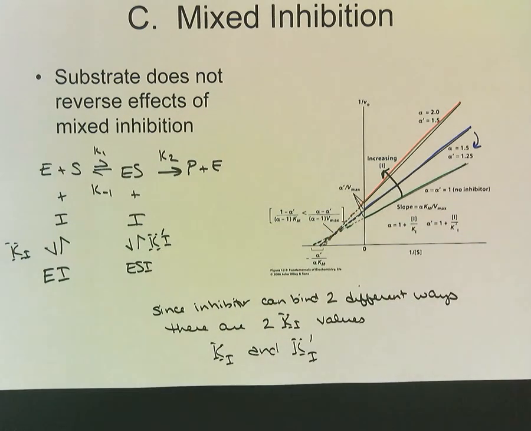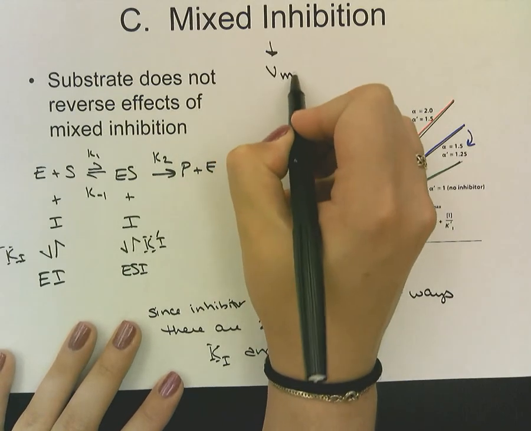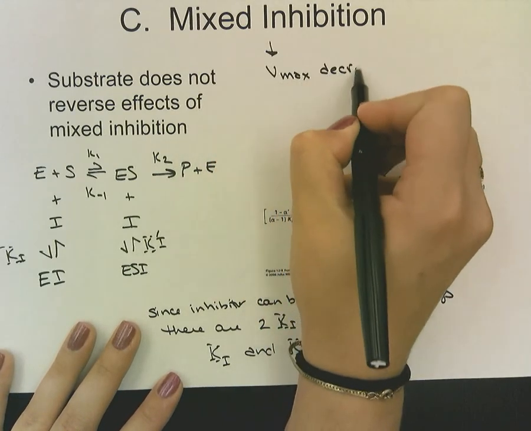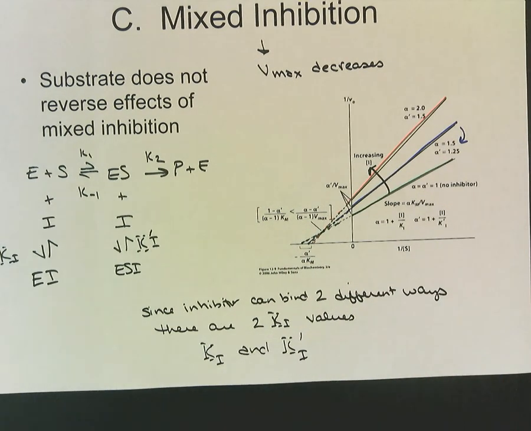Then on your worksheet it's spelled out. I'll just go ahead and do it up here too. For a mixed inhibition, Vmax decreases.